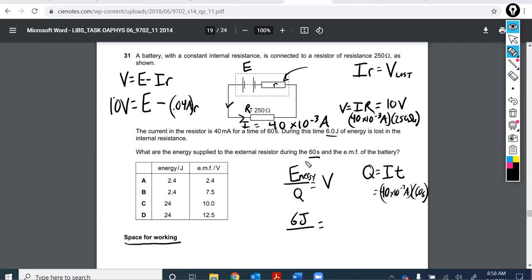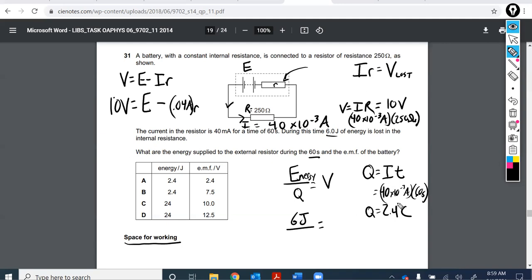As they tell us, it's for a time of 60 seconds. So it's the same 60 seconds when we lose 6 joules that these 40 milliamps were going through the external resistor. So now we have our 0.04 times 60, and that gives us a charge of 2.4 coulombs.